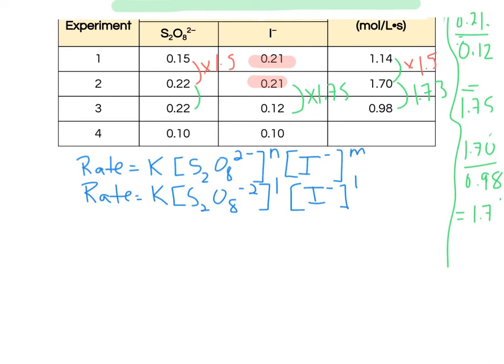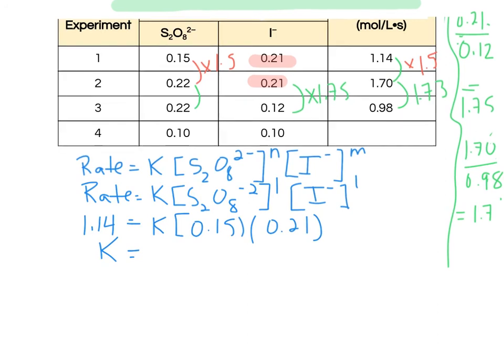So when the rate was 1.14 moles per liter per second, the concentration of S2O8 2- was 0.15 to the power of 1, and the concentration of I- was 0.21 to the power of 1. So when I do the math and solve for the value of K, 1.14 divided by 0.15 and 0.21, I'm getting, to 2 sig figs, 36.